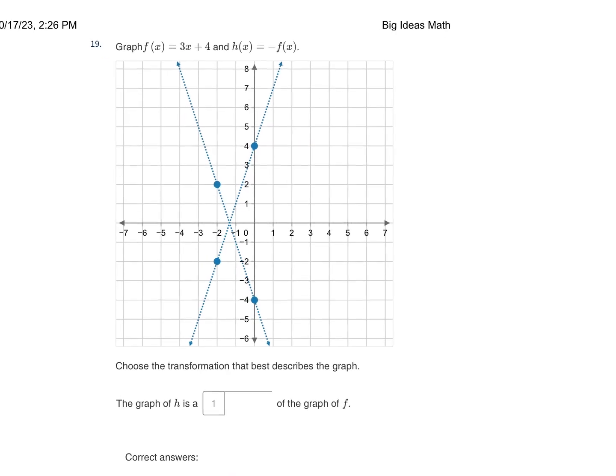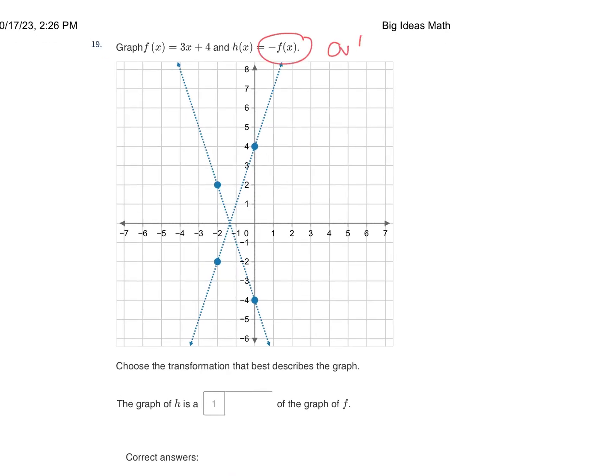And here's one right here. So it's on the outside, so it's a vertical reflection.